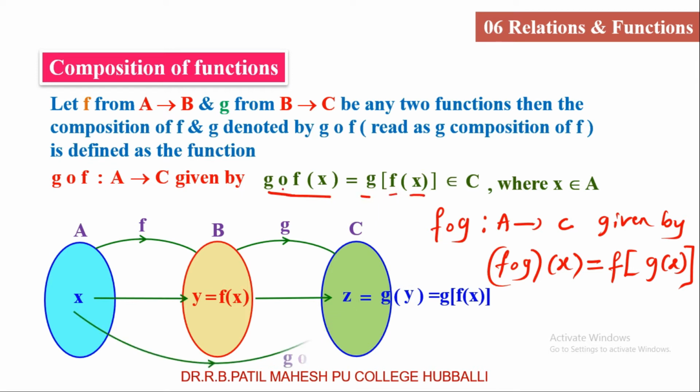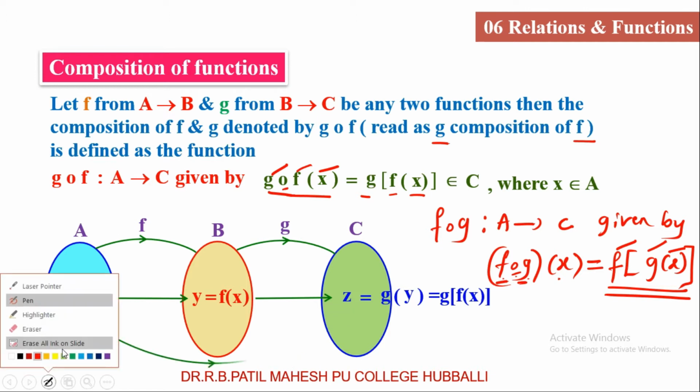Just remove the small circle, then g of f of x will be the composition. Here also f composition g of x, just remove this small circle, f of g of x will be the composition of f and g. This is a composition of g and f, and here it is a composition of f and g. These are the two very important definitions of composition of function, students.